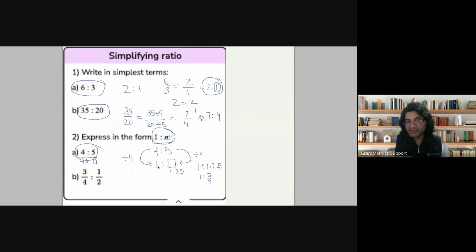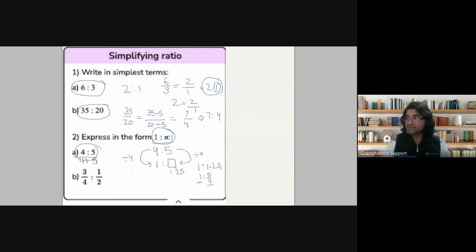So what have I done? I've divided by 4. So even for the fraction, I've divided 5 by 4. So when expressing in terms of ratio and not a fraction, a unit ratio is where one of the quantities is expressed in unit, 1. Okay? You get it?